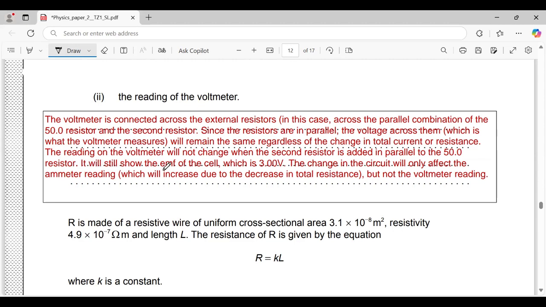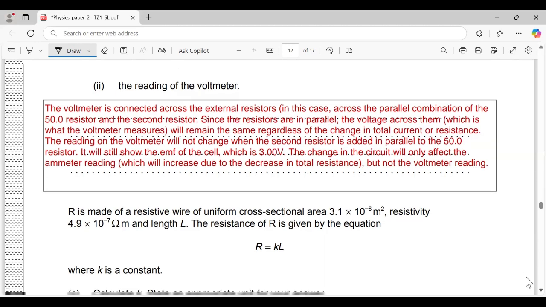It will still show the electromotive force of the cell, which is 3.00 volts. The change in the circuit will only affect the ammeter reading, which will increase due to the decrease in total resistance, but not the voltmeter reading. So there is an implication for the ammeter, but for the voltmeter there is no effect. Next.